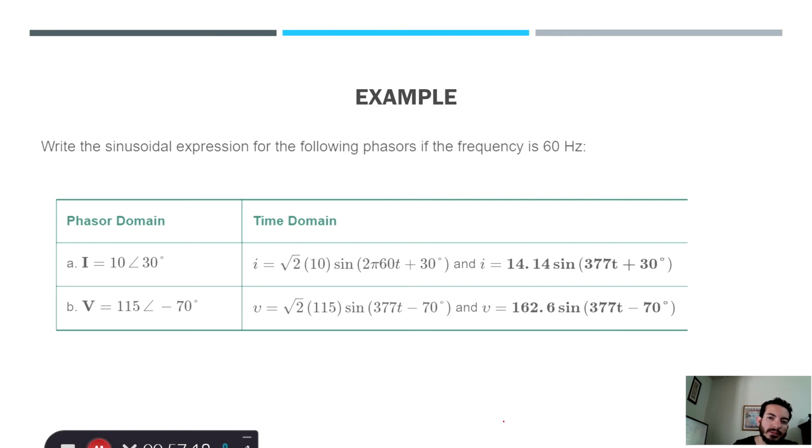This is an example. Write the expression for the following phasors at 60 Hertz. This is going to be the common electricity or power signal going to houses in the US at 60 Hertz. They're telling you that the current is 10 angle 30, phasor 30, and we know we have to do 10 to the time domain, which is 10 times square root of 2 times sine of omega t, so 2 pi f, which is 60 Hertz, 60 times t plus 30 degrees.